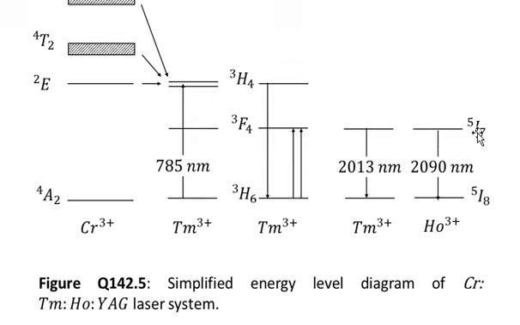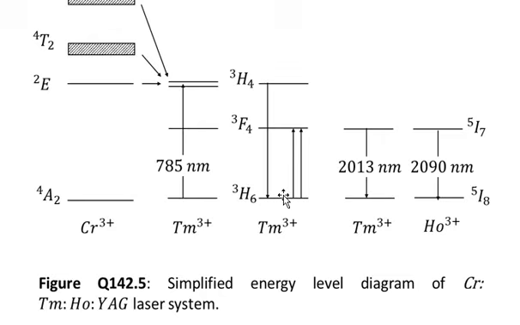So the transfer of energy will take place to the 5I7, which forms the upper laser level of the holmium ion, whereas the ground state corresponding to the holmium ion is 5I8. So the transition from the upper laser level 5I7 to the ground laser level 5I8 will occur for the holmium ion, with an emission of 2090 nanometer wavelength.